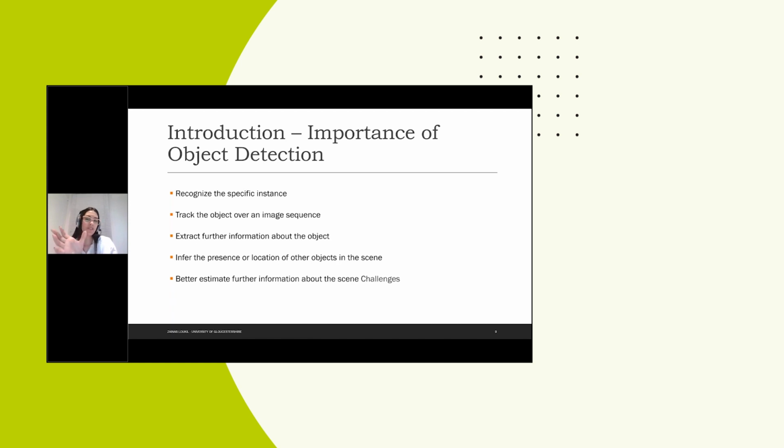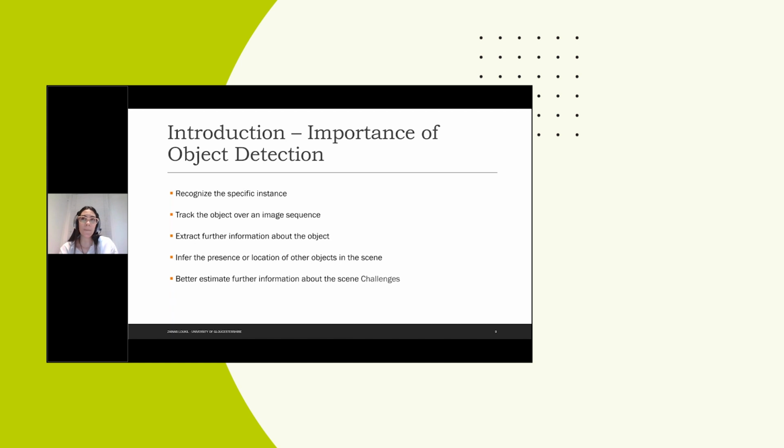So given a set of object classes, object detection consists in determining the location and scale of all object instances, if there are any, that are present in an image.